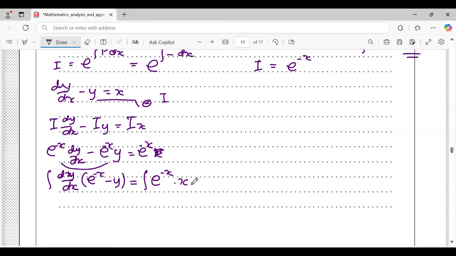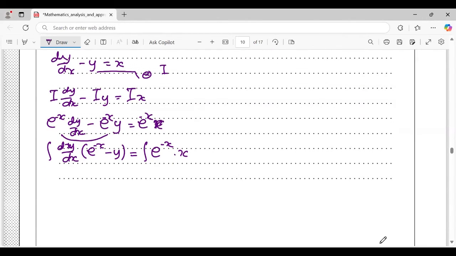By integration by parts, I would like to find the integral of x e power minus x dx.